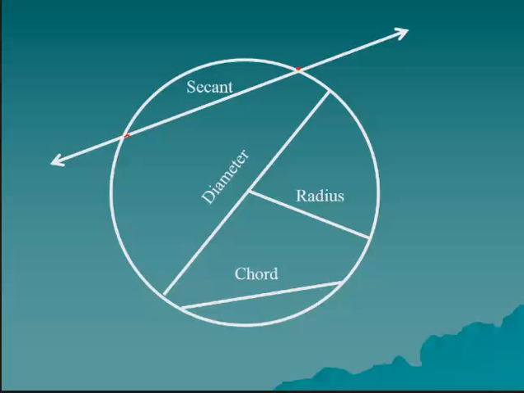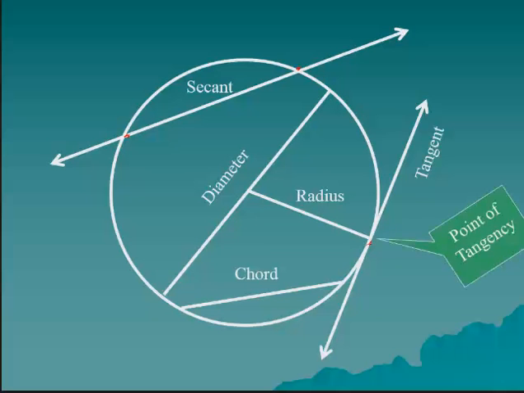And then the one that touches at just one single point, this is called the tangent. And that point at which it touches the circle is called the point of tangency. When a radius hits a tangent at that point of tangency, you get a right angle.